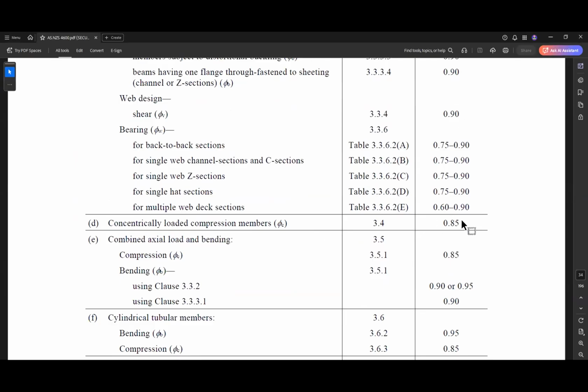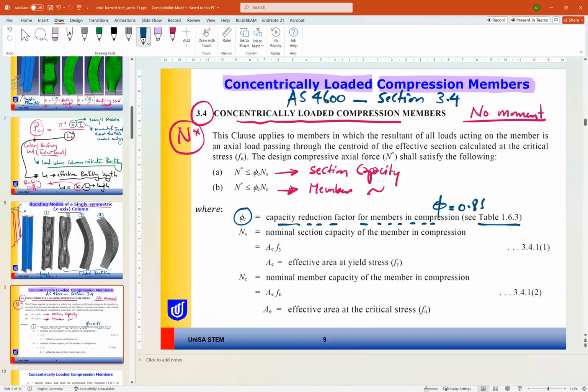How much is phi? 0.85. So if we go back to our slides, phi in this case is 0.85 for an axially loaded compression member.